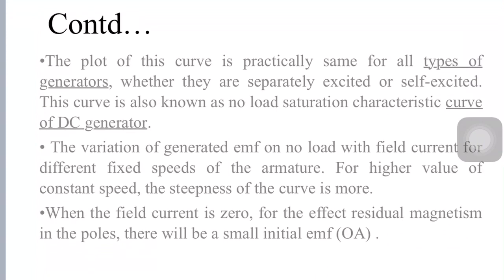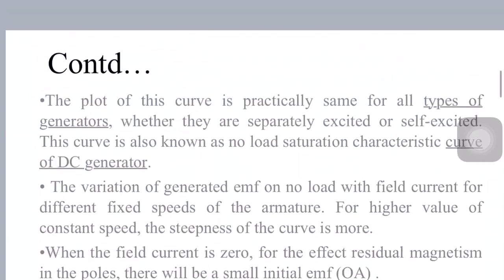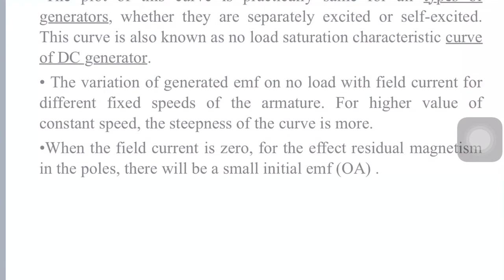This curve is known as the no load saturation characteristic curve of a DC generator. It shows the variation of generated EMF on no load with field current for different fixed speeds of the armature. We can observe in this diagram the different speeds N1, N2, N3. For higher values of constant speed, the steepness of the curve is more.